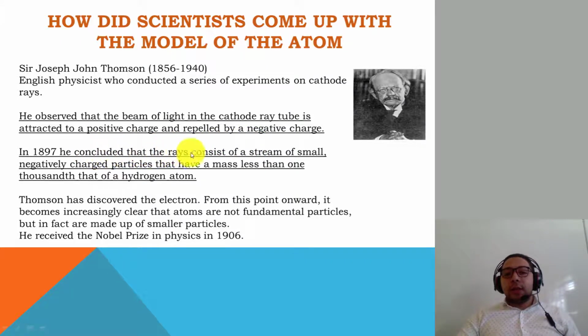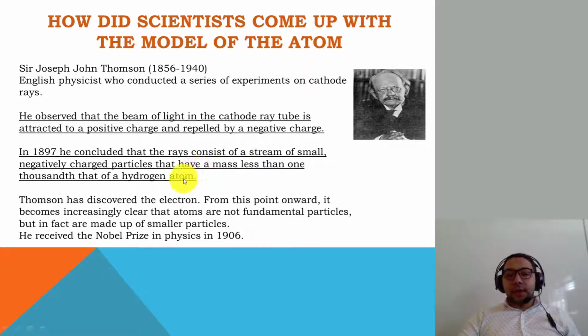He concluded that the rays consist of a stream of small negatively charged particles that have a mass less than 1/1000 that of a hydrogen atom. So basically, Thomson was the one that discovered the electron, because he found that the cathode ray got repelled by the negative charge.